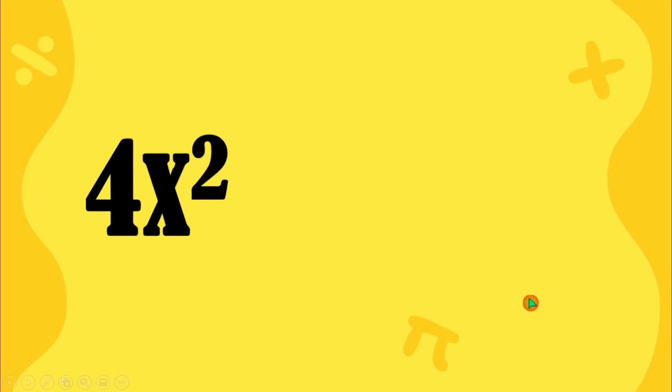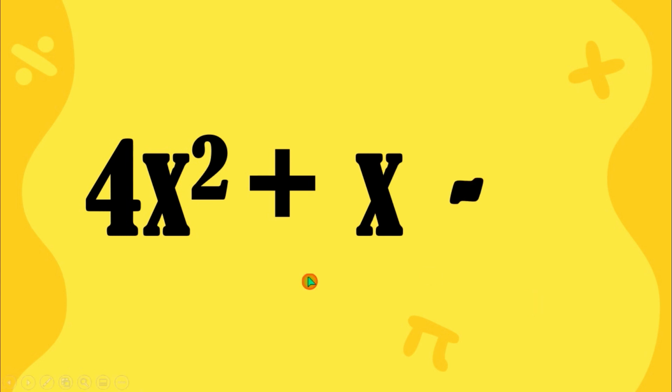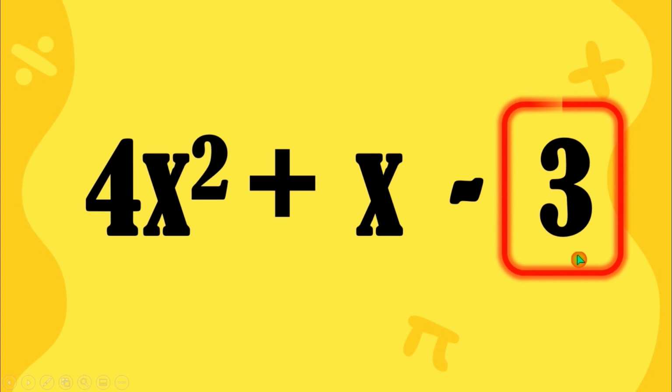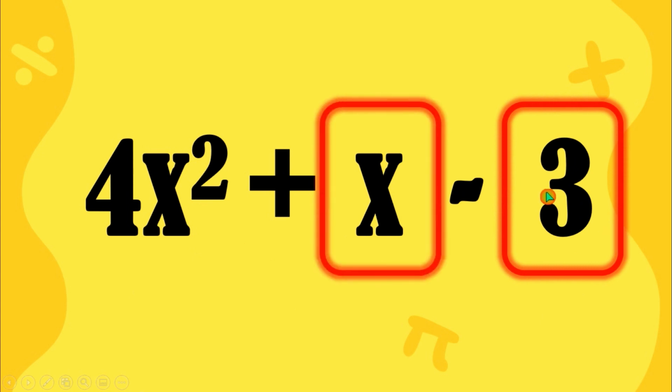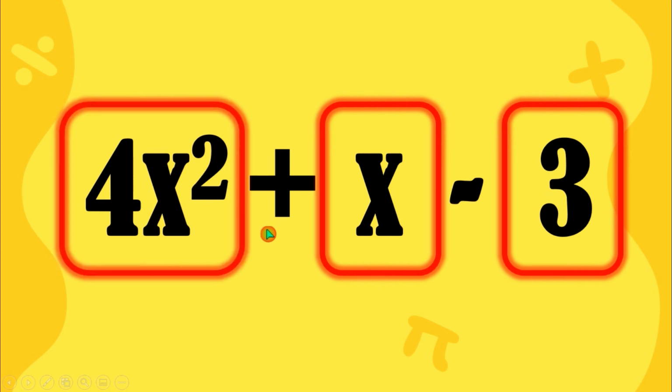Alright? So, in this case, I have here 4x squared plus x minus 3. So, in this case, yung 3 natin, this is another term. And I have here another term. Kasi, di ba, separated by minus and plus, and I have here another term. So, in this case, how many terms are there?